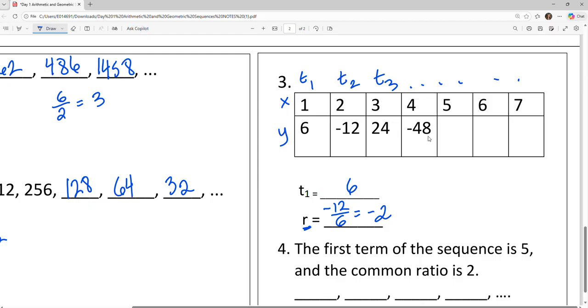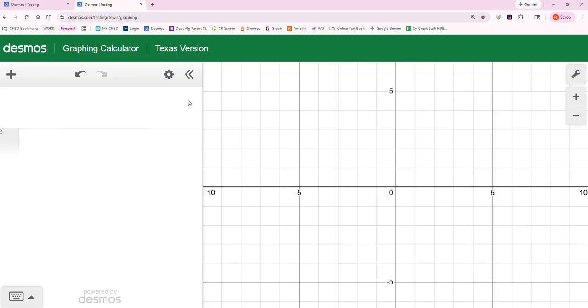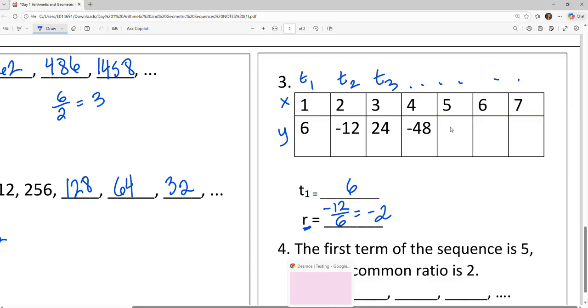So I'm going to take negative 48. Also notice, because we have a negative number, be careful. A negative and a negative are going to become a positive. So do watch your signs on these. Negative 48 times negative 2 is going to give you positive 96. Our numbers here are getting bigger because our base value is greater than 1.